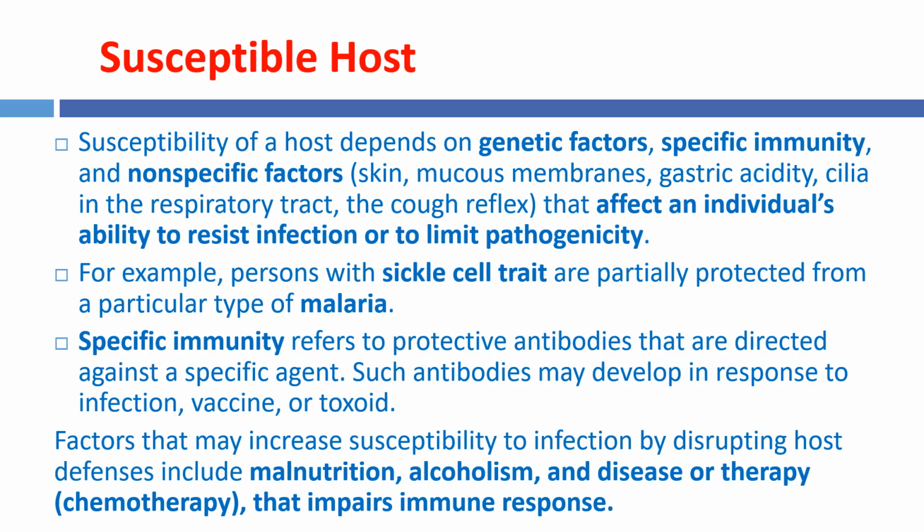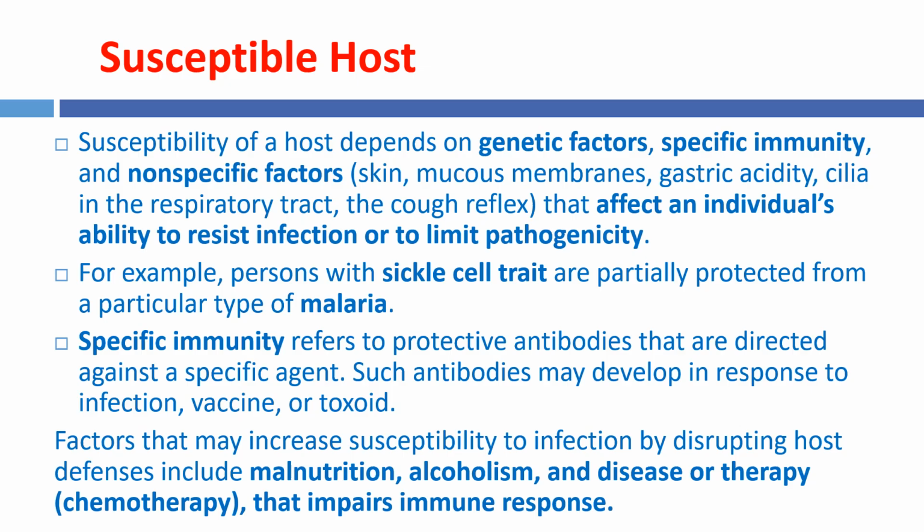pathogenicity of the microorganism. For example, persons with sickle cell trait seem to be partially protected from a particular type of malaria. This is an example of genetic factors. Specific immunity refers to protective antibodies that are directed against a specific agent.